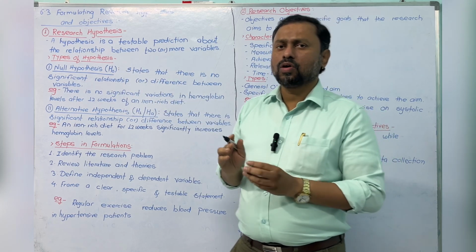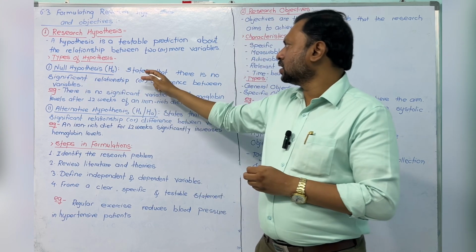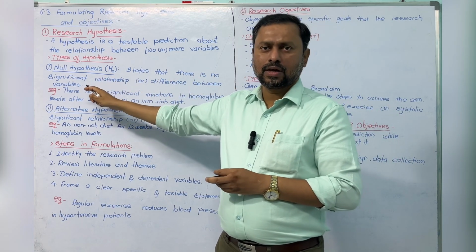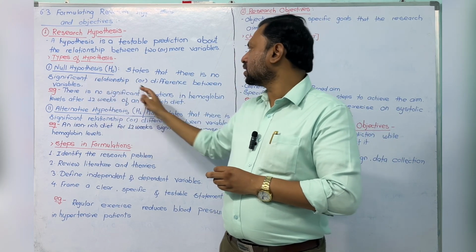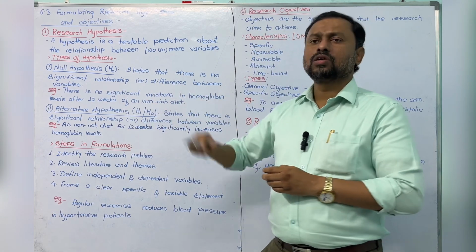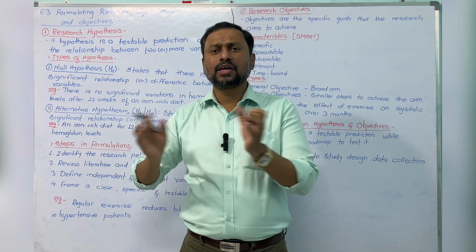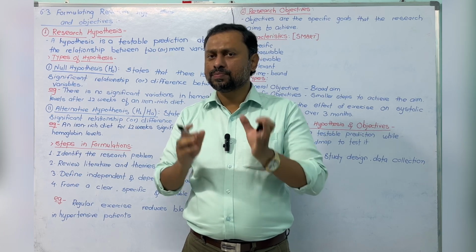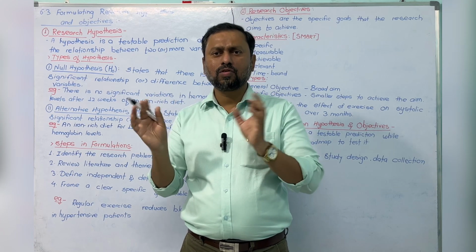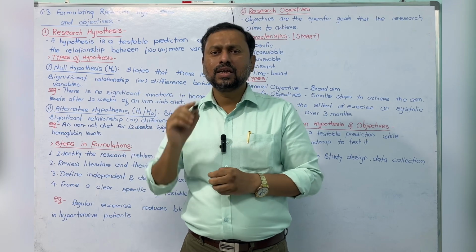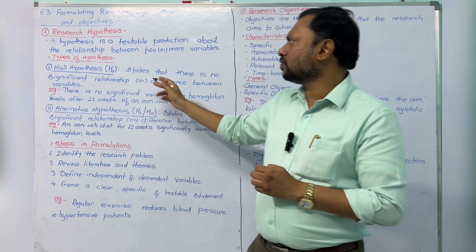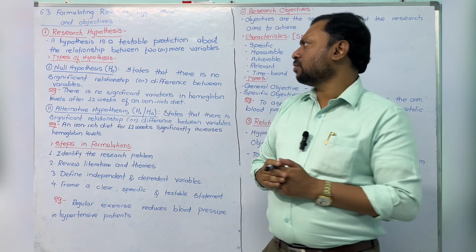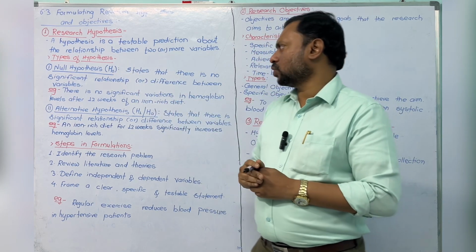Here, H0, null hypothesis, is nothing but a statement that there is no significant relationship or difference between two variables. Null is nothing but 0. This type of hypothesis is called the null hypothesis or H0.